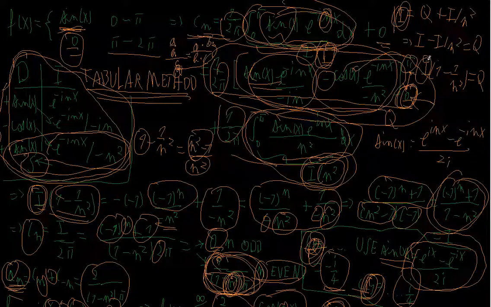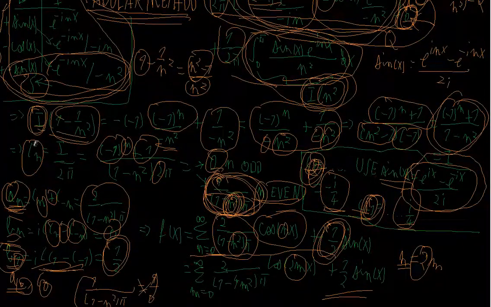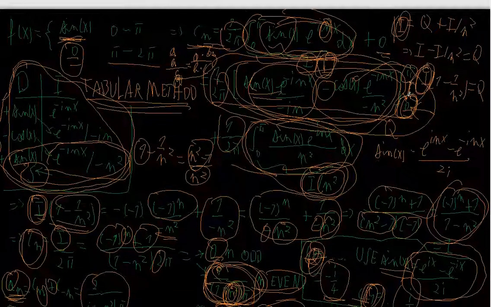We can factor out our original integral times 1 minus 1 over n squared is equal to the other part here, and so we can then solve for our original integral, okay? And then we can find our complex Fourier coefficients, because we know that those are simply equal to our original integral over 2 pi, which was said at the beginning.